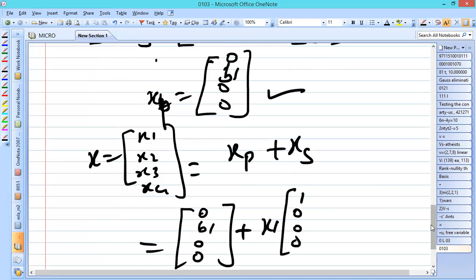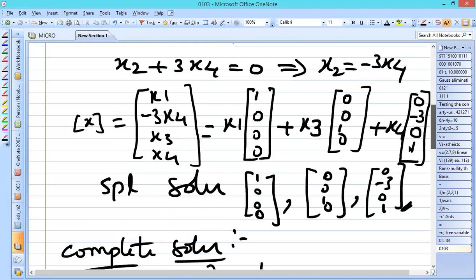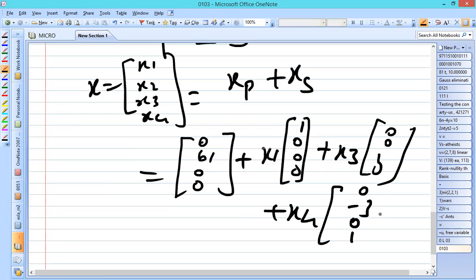You can see up there, we have obtained this special solution for x1, x3, x4. The same column spaces we are going to write here, plus x3 times 0 0 1 0, plus x4 times 0 minus 3 0 1. So this is the complete solution for the given problem.